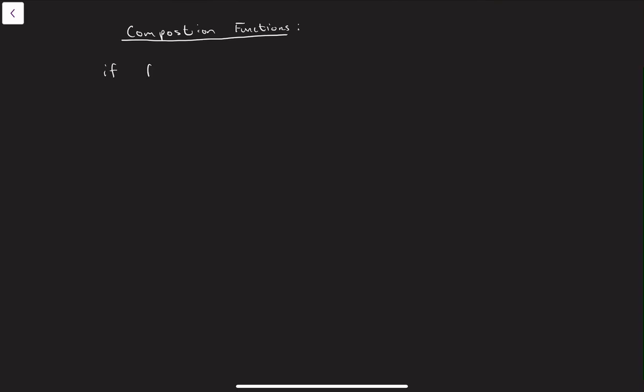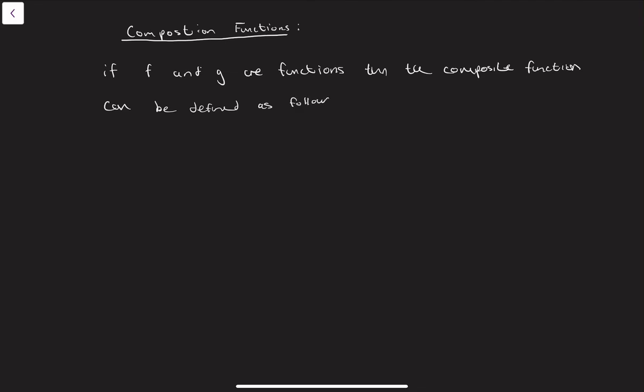If f and g are functions, then the composite function can be defined as follows: f composed with g of x is equal to f of g of x.